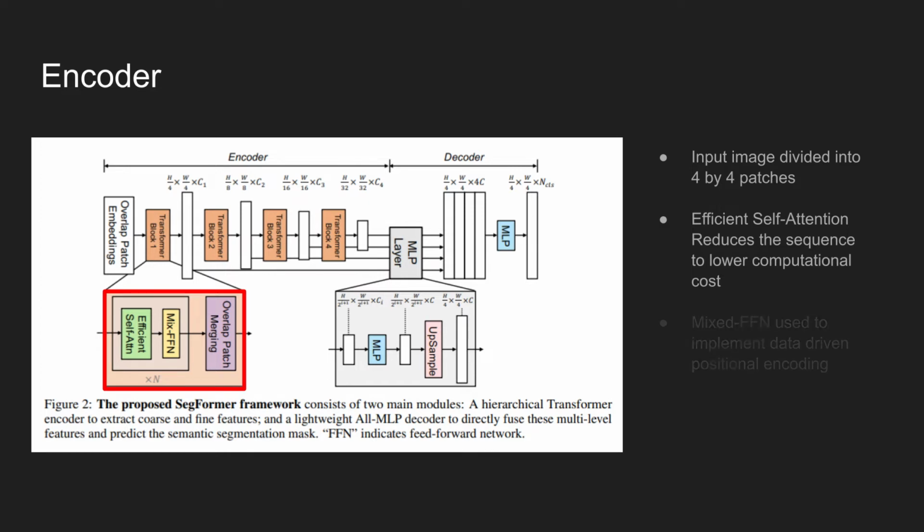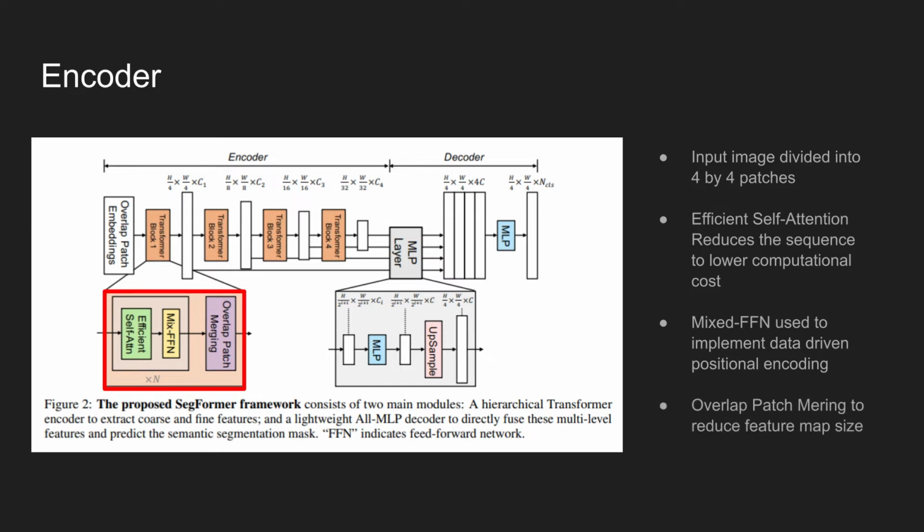And the next block, which is the mixed feed-forward network, is used to solve the fixed resolution problem. Instead of using fixed-sized positional encoding, layers of convolution and MLP, multilayer perceptron, are used to implement data-driven positional encoding.